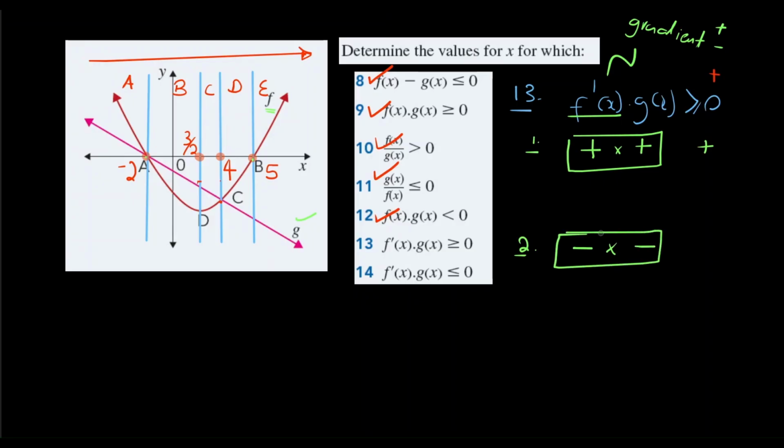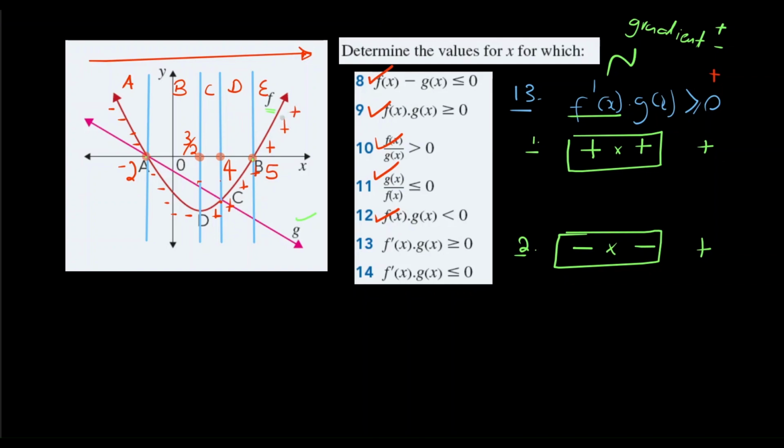So here you need to pay attention and see really clearly what I mean. So the graph of f is the parabola. So we can see that from the left hand side, the graph is really decreasing in gradient up until point D, which is the turning point, and then it starts to increase, meaning that it's positive.